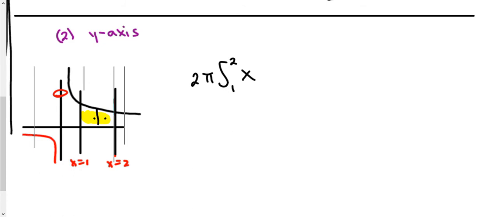And if I draw lines in here, the length of one of those lines is just 1 over x. Look at that. And this is pretty darn nice. That just turns out to be 1. The antiderivative of 1 with respect to x is x, and we do it from 1 to 2. All right, if we had to do the disc washer on this, we'd have to break it up into 2 regions.